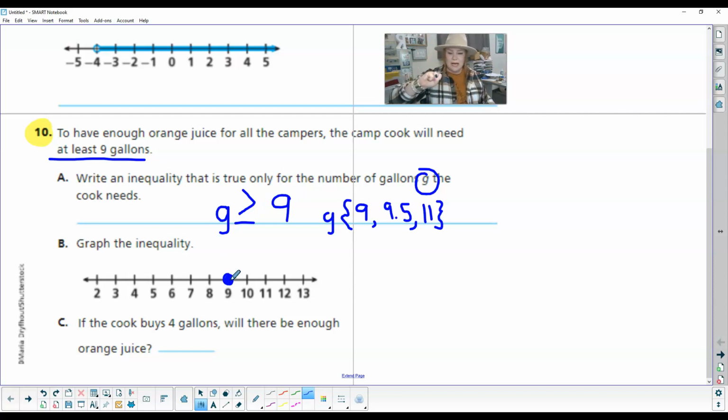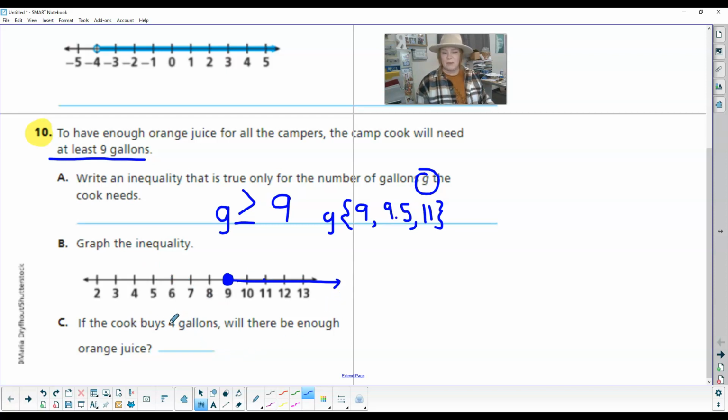We're including that 9. And I've also said it could be 9.5. It could be 11. So my arrow is going to go greater than that, including 9 and anything greater than it. That solution set really helps me know which way my arrow should go.